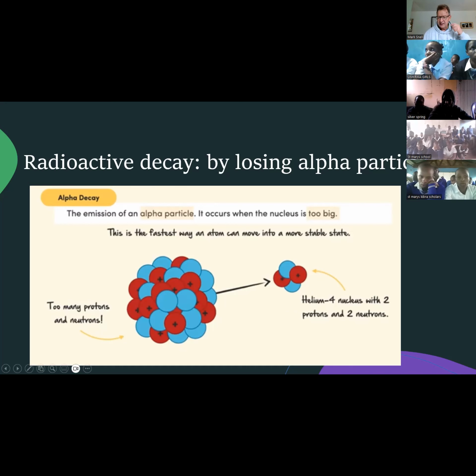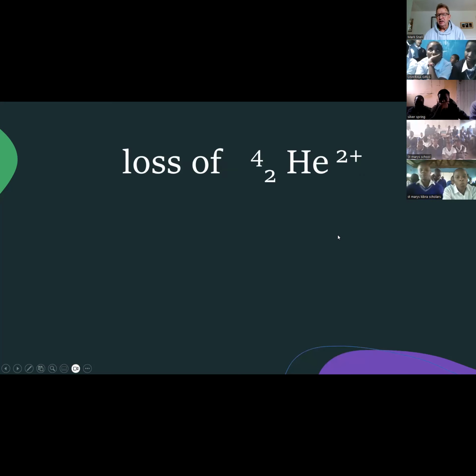So the idea is that we need to know what is happening and what is formed and whether it is radioactive afterwards. So when it loses a helium nucleus, it loses the 4 2 He 2+. That is an alpha particle.